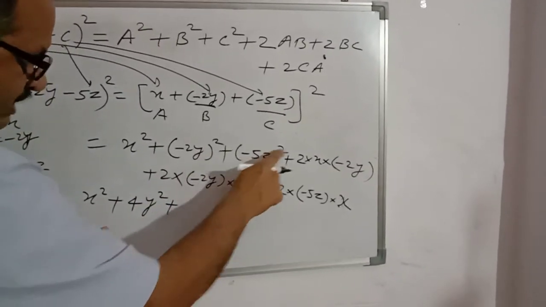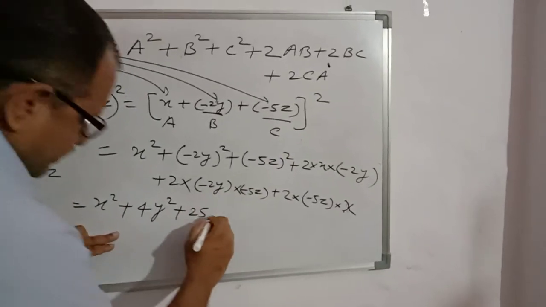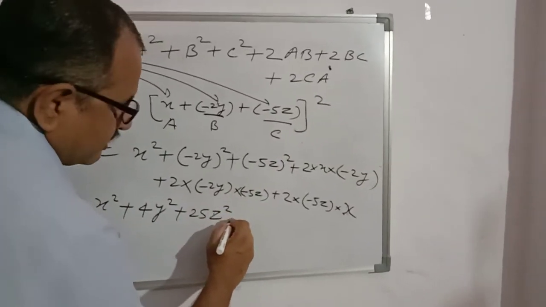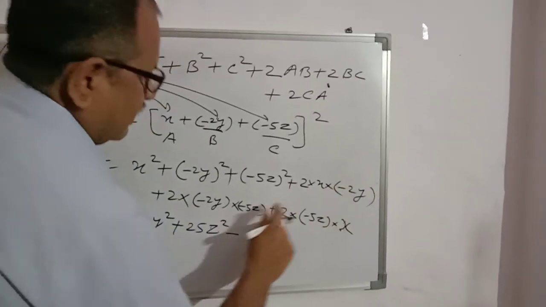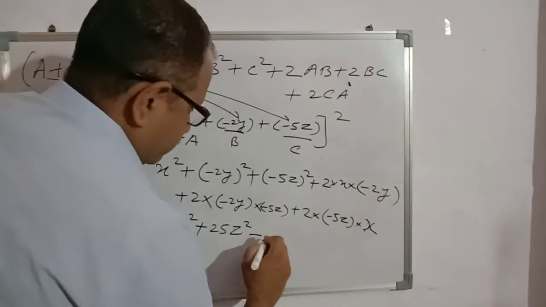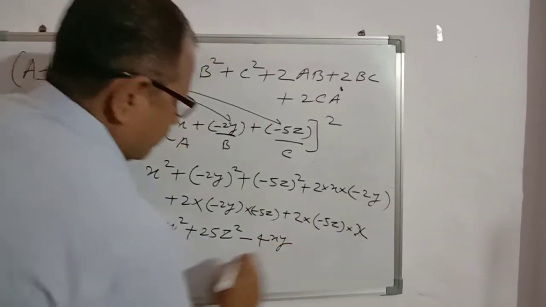x square plus, minus square is always positive, so 2 square is 4, y square, plus again minus square is positive, 5 square is 25, z square. Multiply it: plus into minus is minus, 2 into 2 is 4, x into y, 4xy.